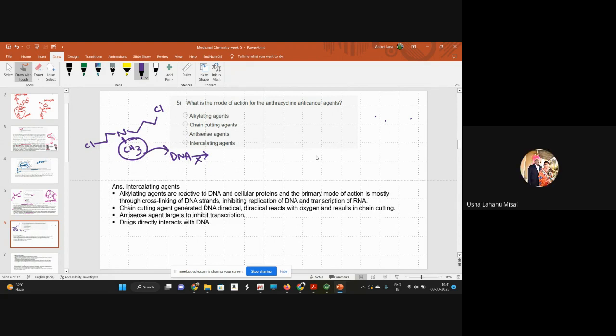Antisense relates to the two strands of the DNA, as you know.